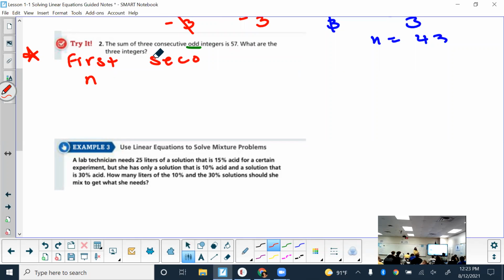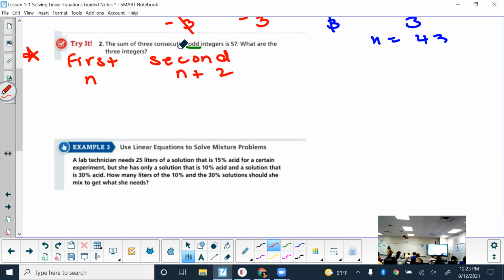We don't know what the second term is either, but we know that it is 2 more than the first term, right? So how can I write it in algebra? Not n plus 1 plus 2, because it's going up by 2 each time, right?